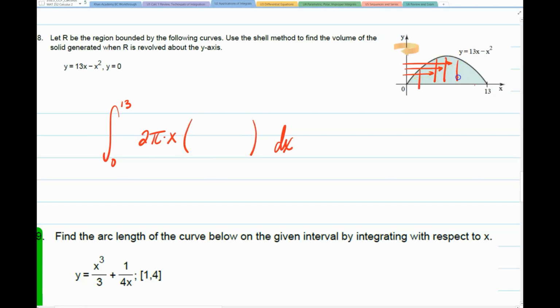Now the height in this case is just the top end of this function, so 13x minus x squared, and that computation gives us our volume, which is 28,561 pi divided by 6.